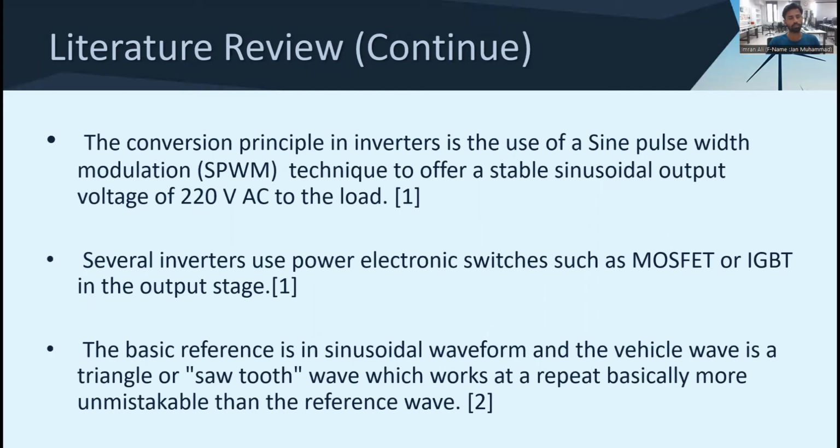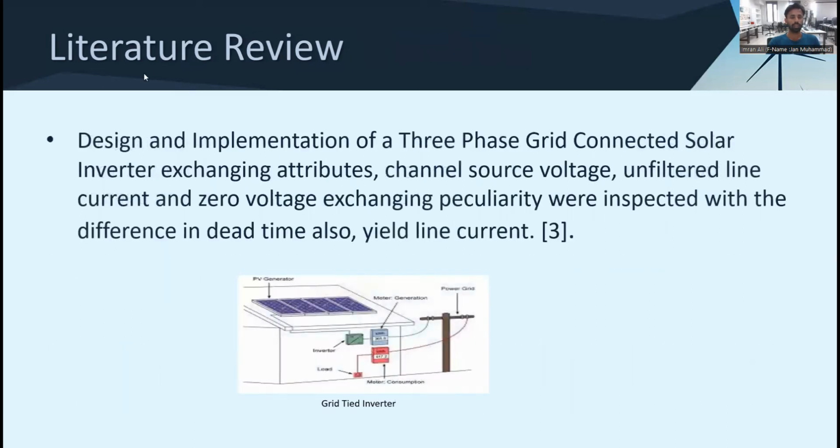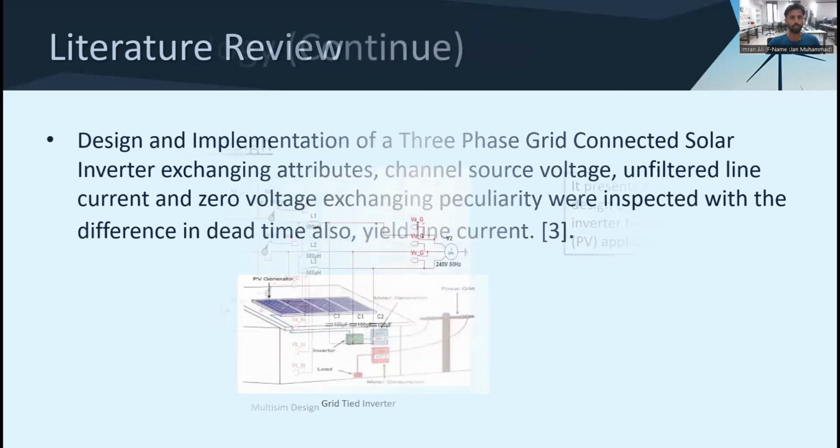We have used the generic MOSFET in this project. And this is the actual grid-tied inverter diagram, and the power generated from the solar panels and the power from the grid are synchronized with the net metering system.